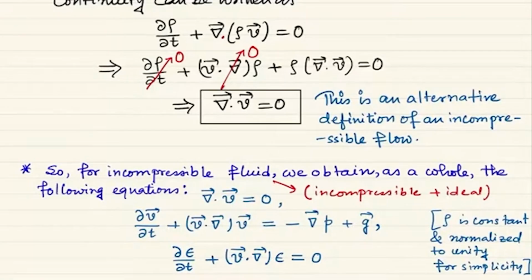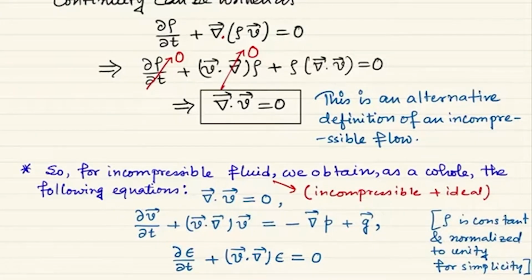Now remember, in this one we have also used one fact that rho is a constant, so we are normalizing rho to unity so that rho doesn't appear here and confuse the reader. Rho is there, but being a constant, we just put its value to be 1.